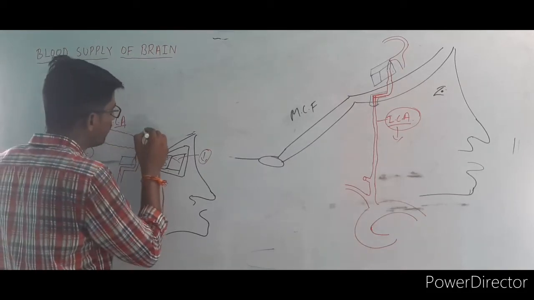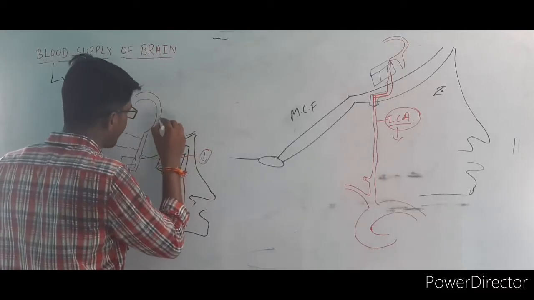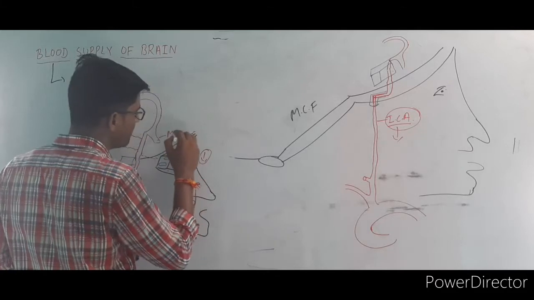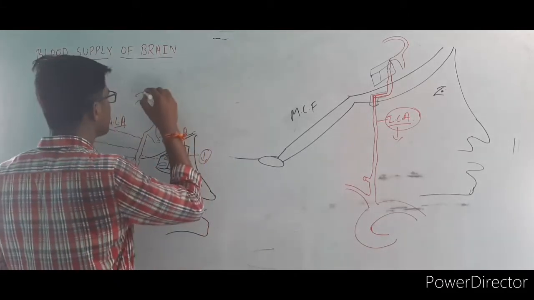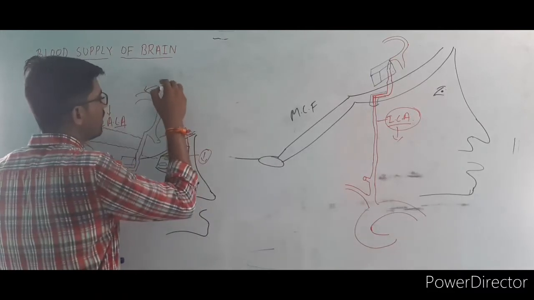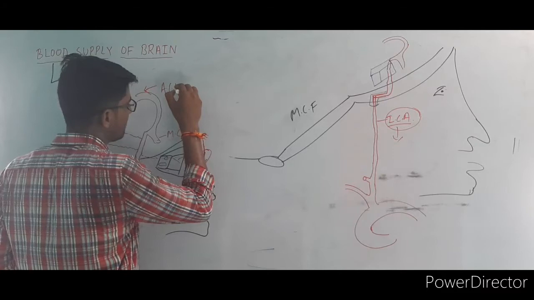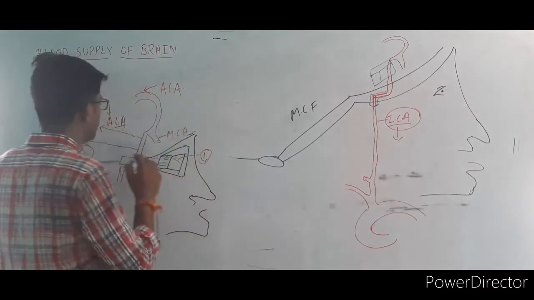From here, it will give two terminal branches. This is one and here is the second. This one is called the middle cerebral artery, and this is called the anterior cerebral artery. So which artery is this?